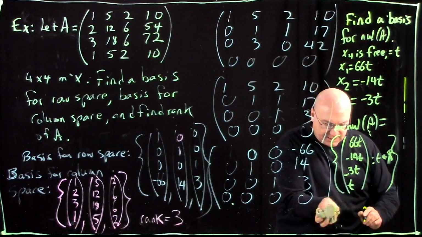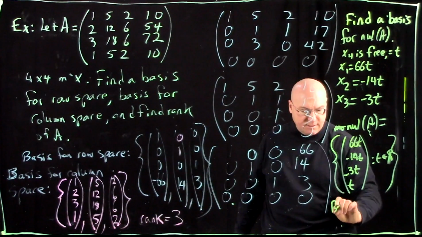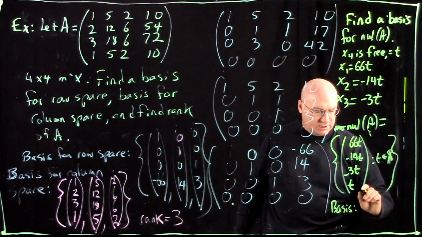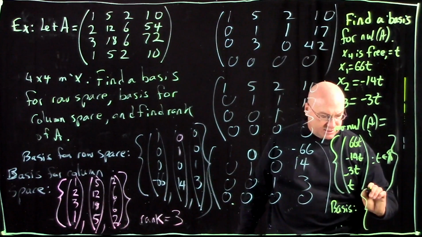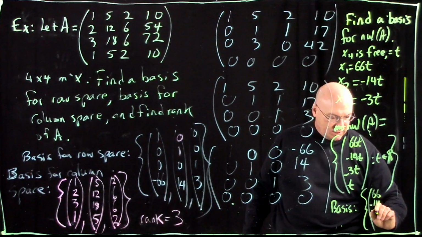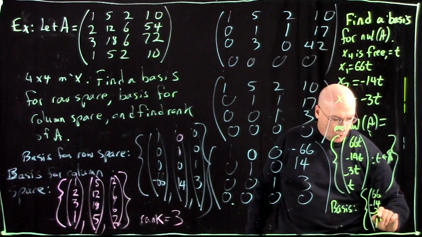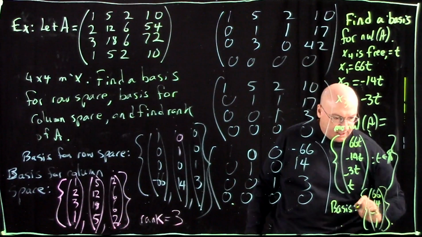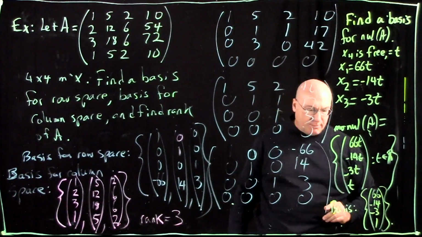So a basis, of course, is just this one vector, the set of one vector: 66, negative 14, negative 3, and 1, when we pull out the t that we're multiplying by.